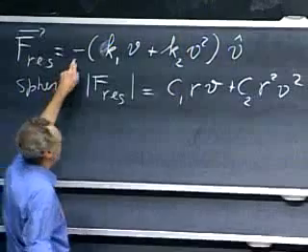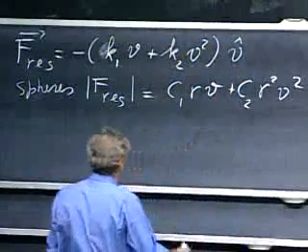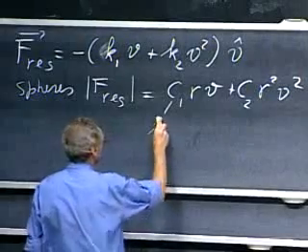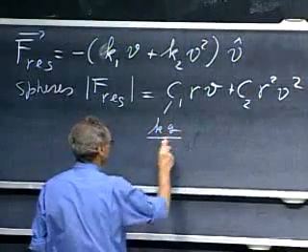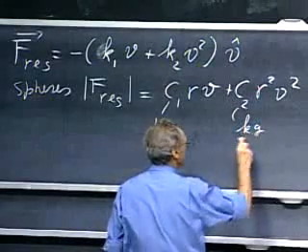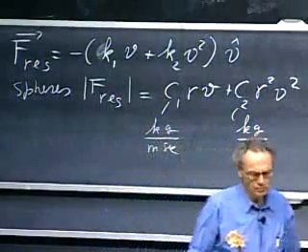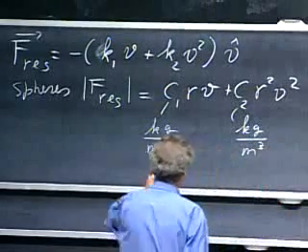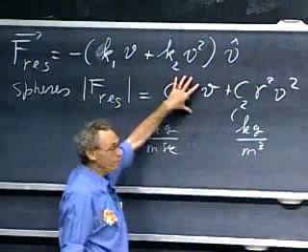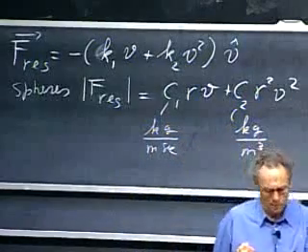And again, it's always opposing the velocity vector. C1 in our units is kilograms per meter per second, and C2 has the dimension of density, kilogram per cubic meter. We call this the viscous term, and we call this the pressure term.